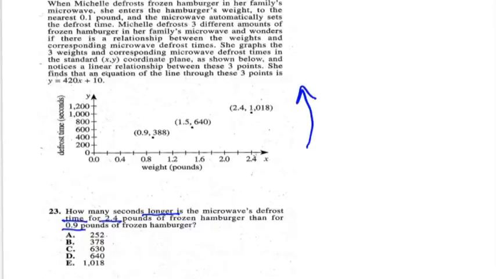Remember, time is on my y-axis. So what I know is it takes me 1,018 seconds at 2.4. It takes me 388 at the 0.9. So now all we have to do is subtract them.